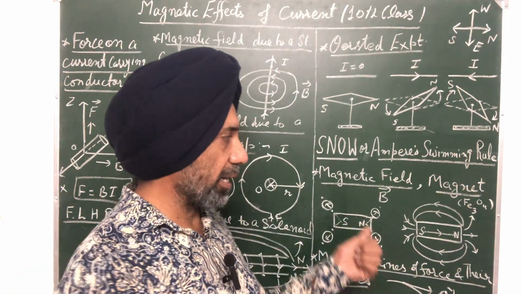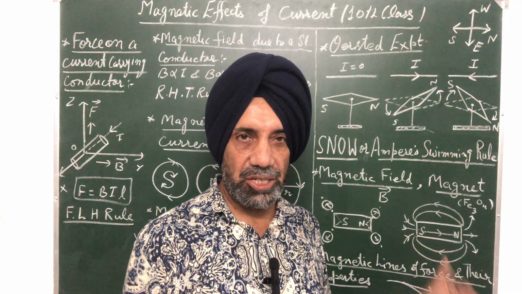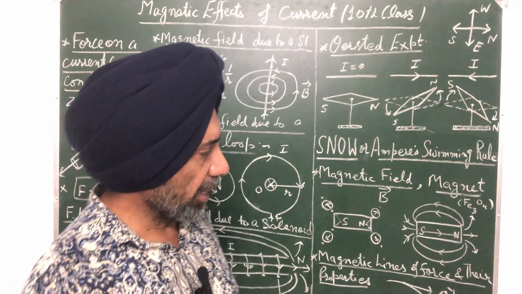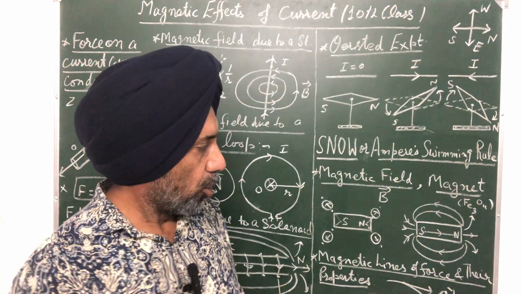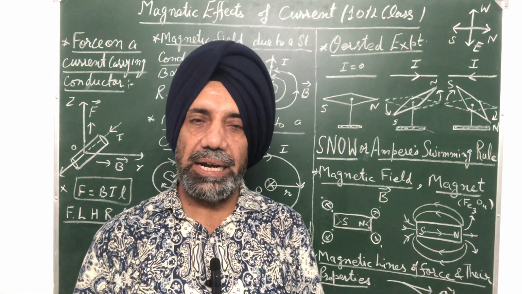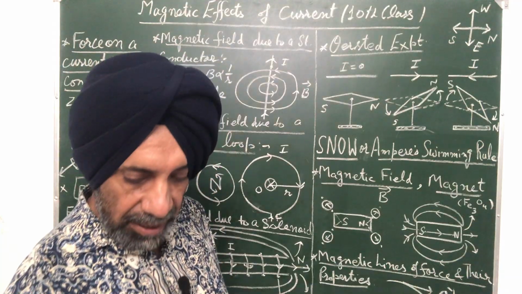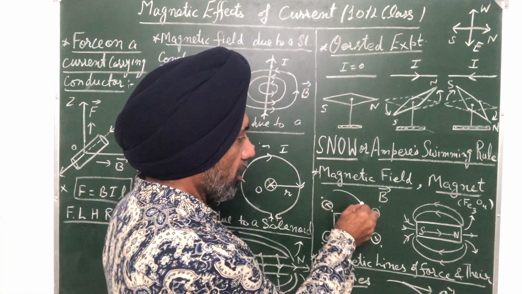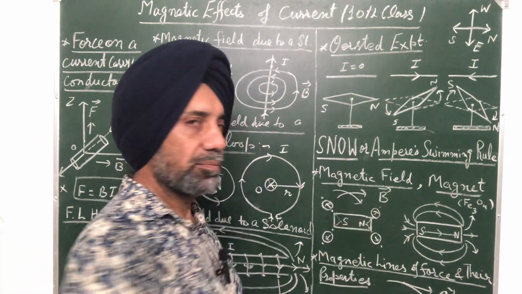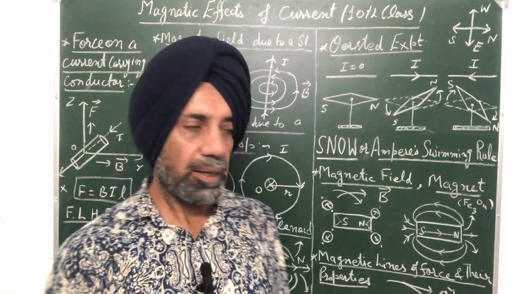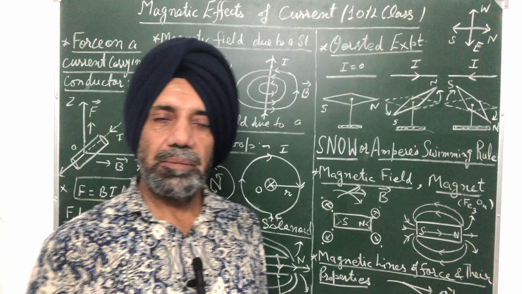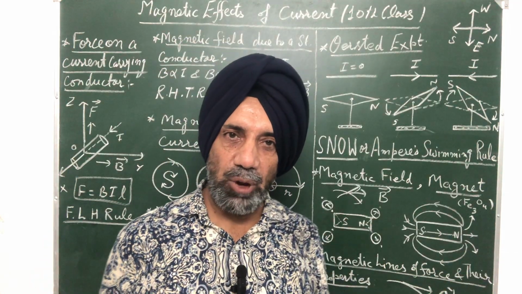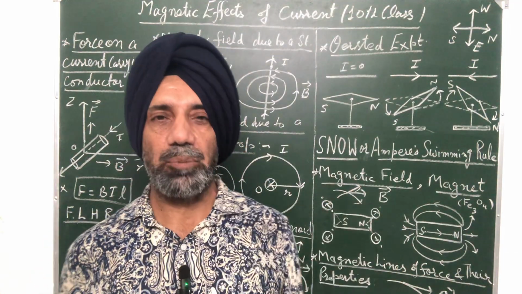That's why no monopole can exist. So magnetic lines of force are continuous closed loops. Two magnetic lines of force can never intersect each other, because if they intersect, then there will be two directions of motion, which is impossible, because the tangent to the magnetic line of force at a point gives the direction of the magnetic field at that point.